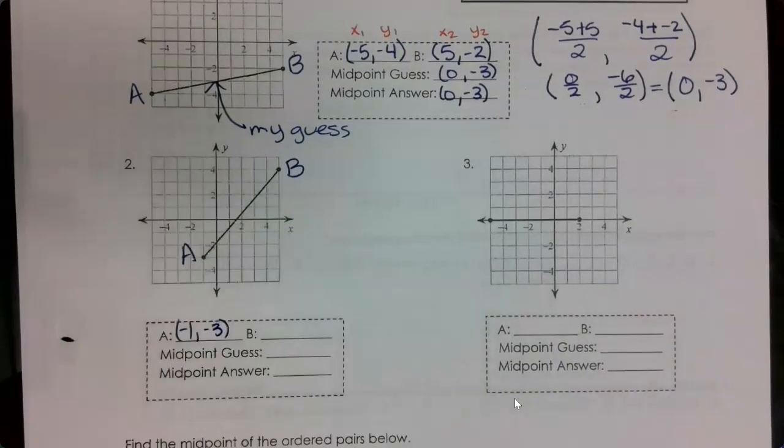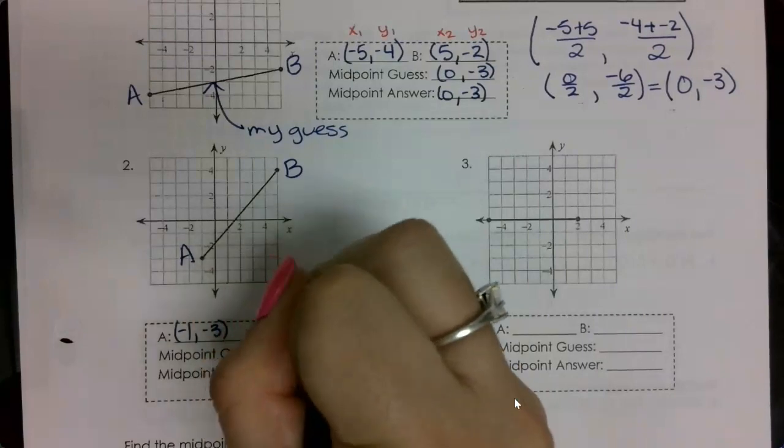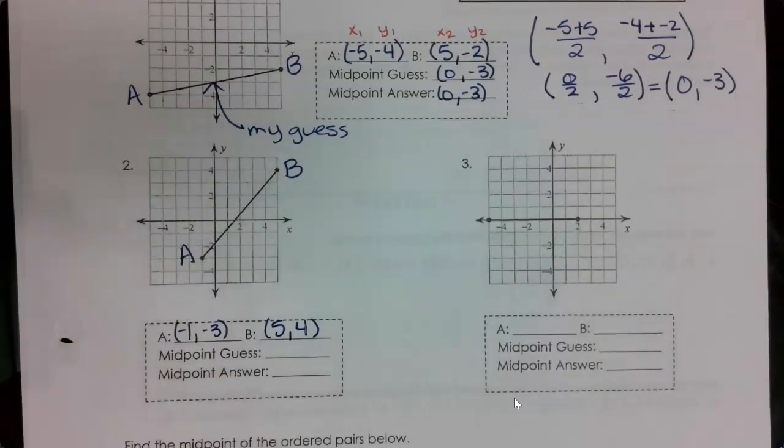And my coordinate point of B? 5, 4. So where do we think the middle is here? Doesn't have to be right, it's just our guess. 2, 1, okay.